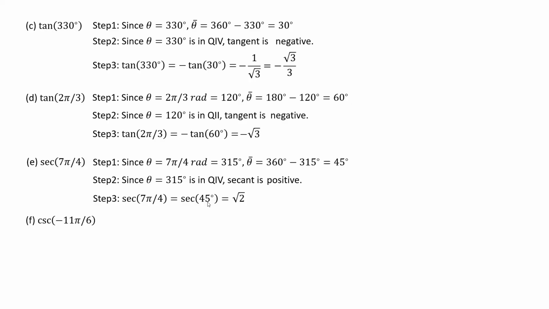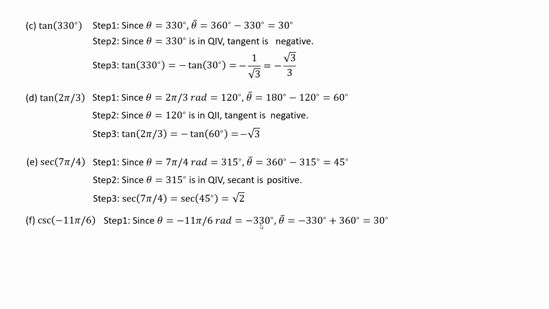Oh, cosecant of negative 11 pi over 6. Negative? Okay, what do we do? I don't know. Since this is negative 11 pi over 6, we'll make it into degrees: negative 330 degrees.